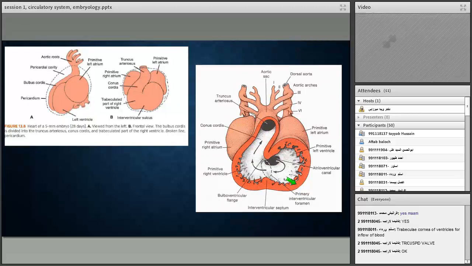They are just proximal and distal to the primitive interventricular foramen. This is the interventricular foramen, and just proximal and distal to it we can see the trabeculated part of the left ventricle and the right ventricle.